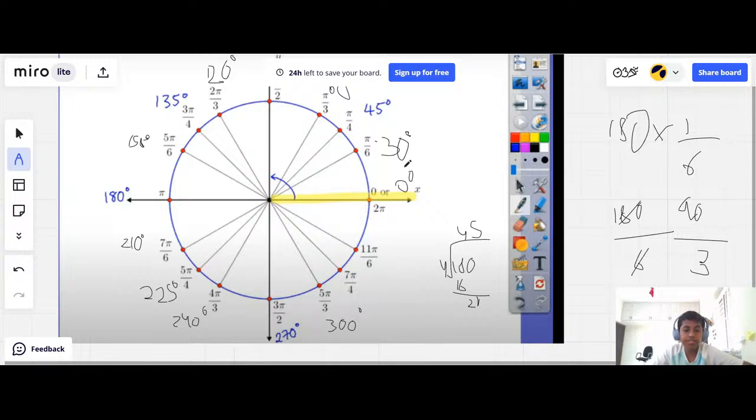Divided by 4, 45. 45 into 7. 280 plus. Is that 315? Let me check.